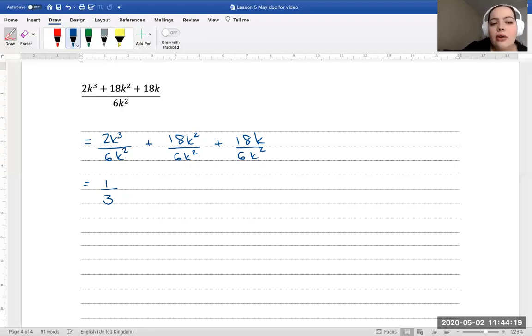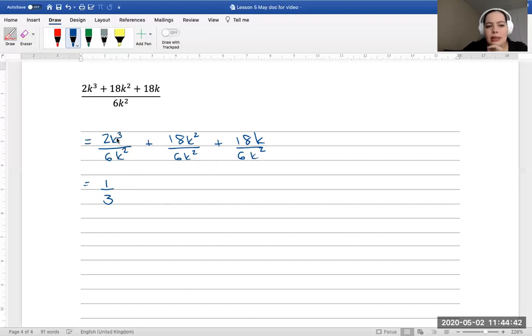Now we can do one of 2 things. We can do the exponent way we did before, k to the power of 3 minus 2, and we'll get k to the power of 1. Or I'm going to show you a slightly different way.